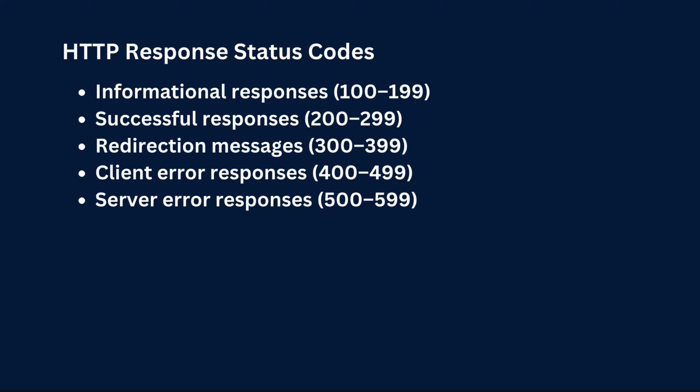If the code lies between 300 to 399, that is a redirection message. If the code lies between 400 to 499, that is a client error response, like 404, that is error. If the status code you are getting is 500 to 599, it means a server error response.